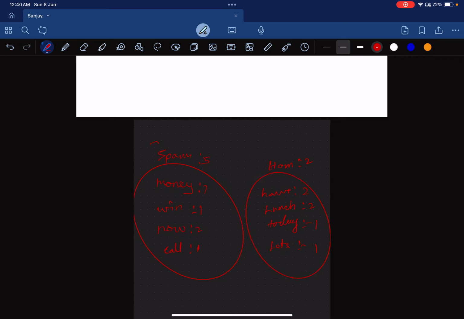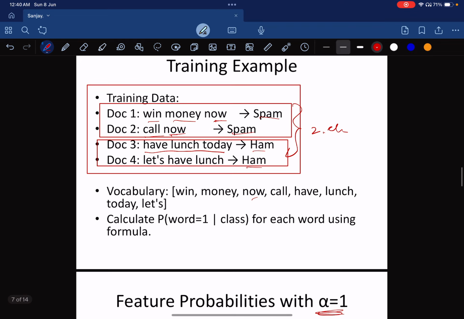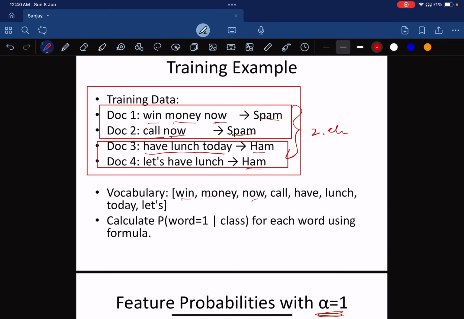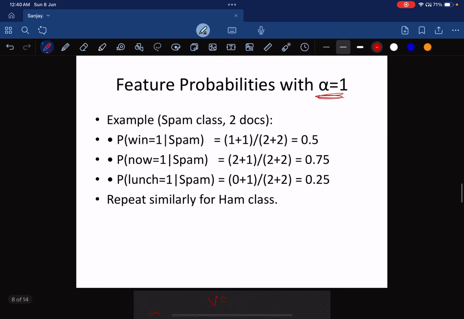Fine. First, during the training process, it will store the frequencies, and then it will find the probability. Before that, it will store the unique words in both classes. 1, 2, 3, 4, 5, 6, 7, 8.